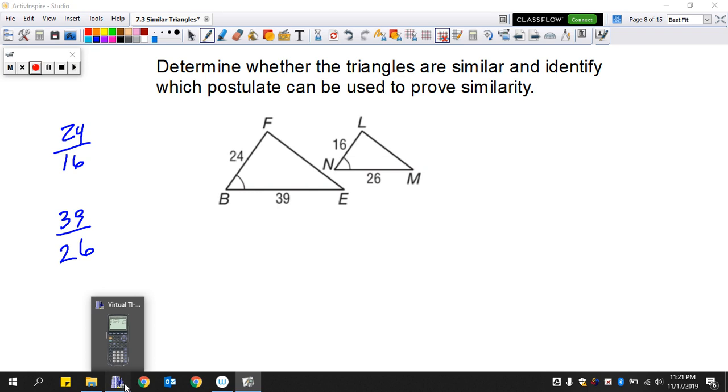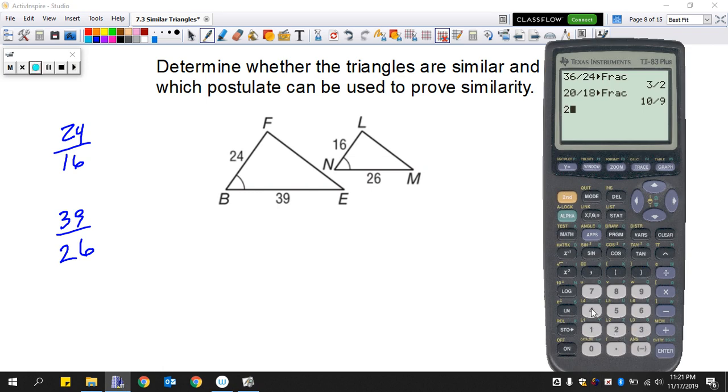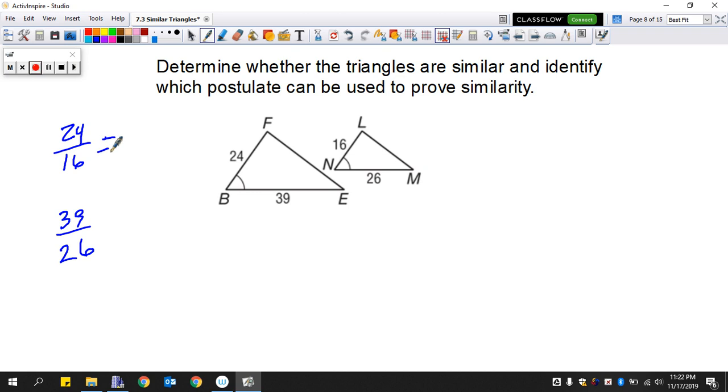When we do that, 24 divided by 16, we end up with 3 over 2. 39 to 26, and so both of these have a ratio of 3 to 2. So these are similar by side, angle, side.